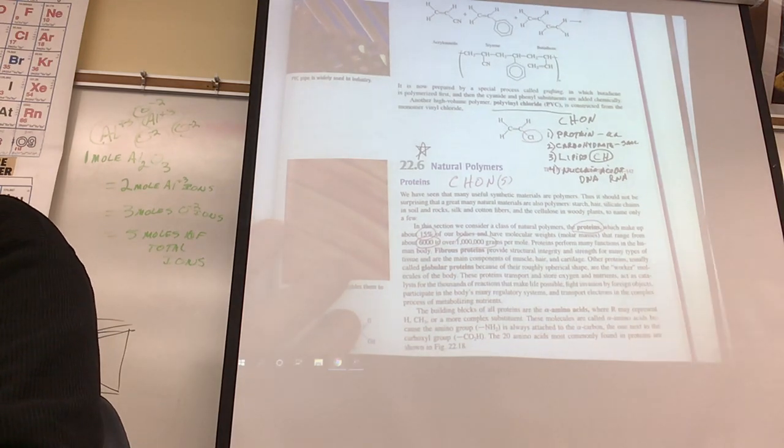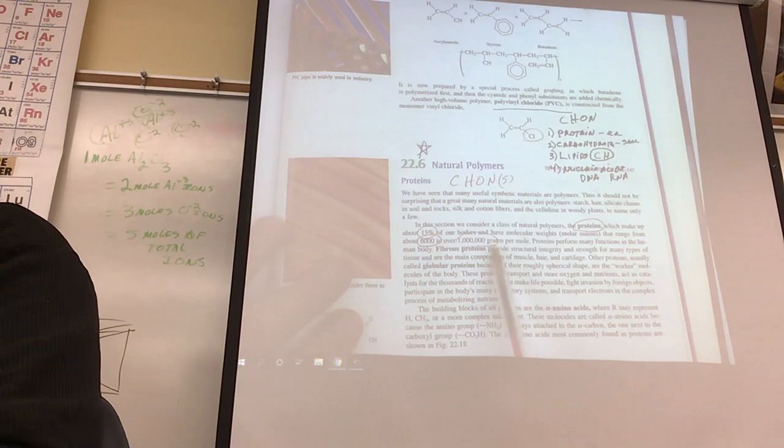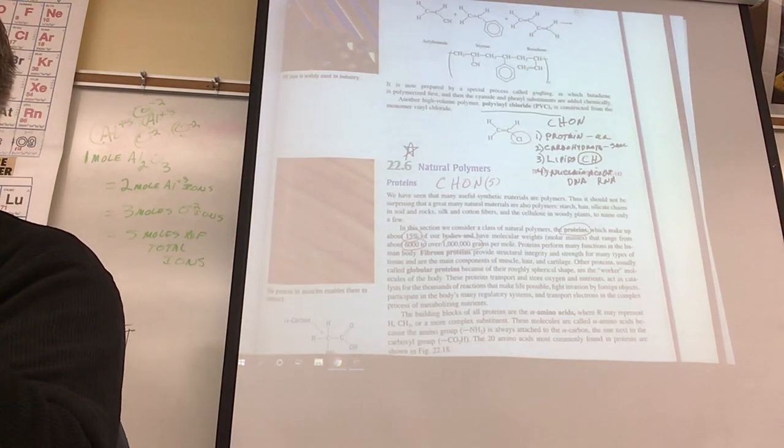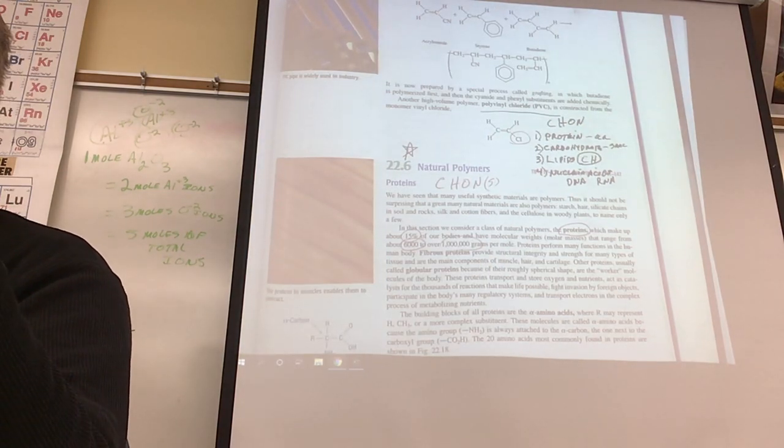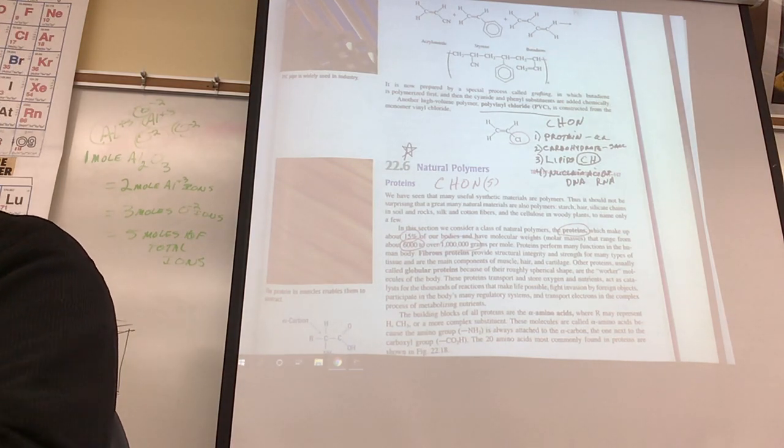It says, in this section, we'll consider a class of natural polymers, the proteins, which make up about 15% of our bodies and have molar masses that range from 6,000 to 100,000 grams per mole. That means some of these are tremendous polymers. They're macromolecules. Get that? Okay.